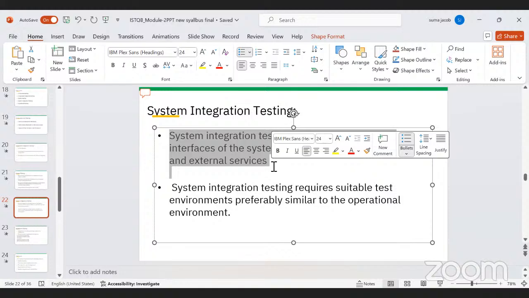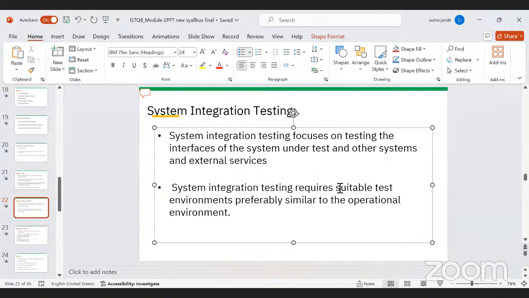When you do system integration testing, it is important that you have a proper, stable environment, or a production-like environment. That is system integration testing.